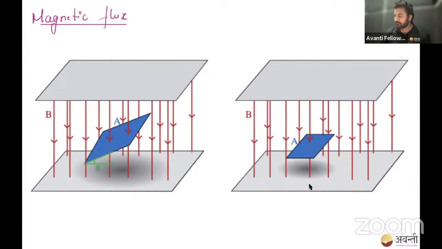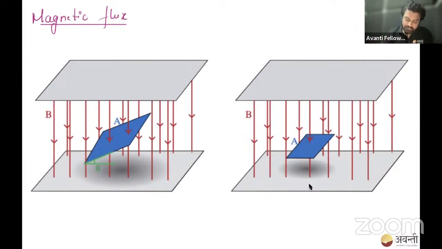Now if I take this remote, some magnetic field lines will cross this remote. The number of magnetic field lines crossing this remote is magnetic flux. Simple. The number of magnetic field lines crossing any area is magnetic flux.